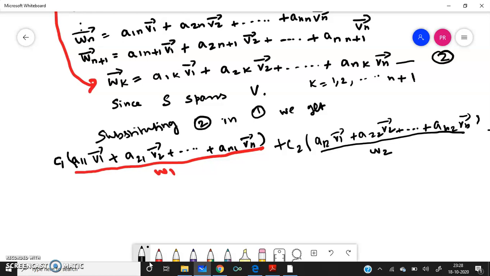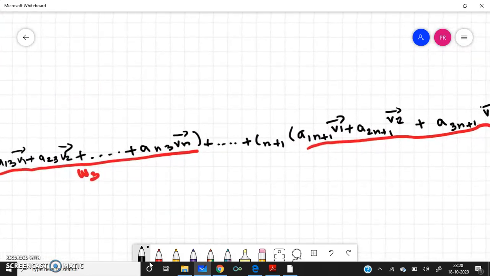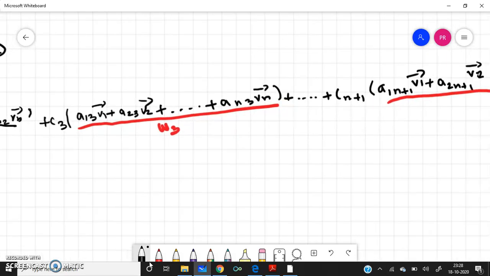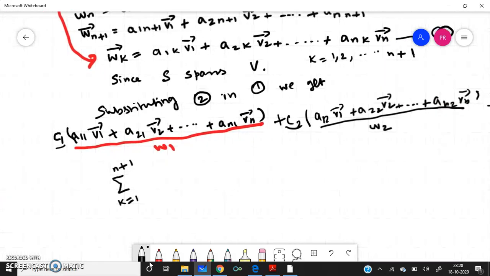This C1, C2 and so on to Cn plus 1, so I can write the summation, k ranges from 1 to n plus 1, Ck.